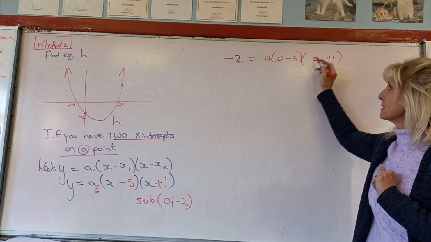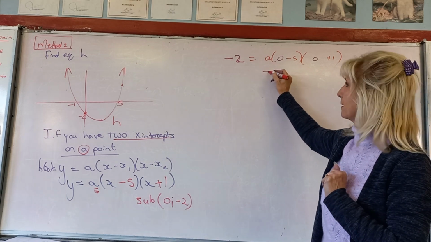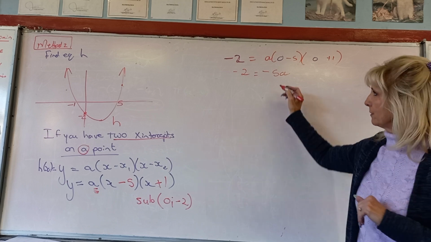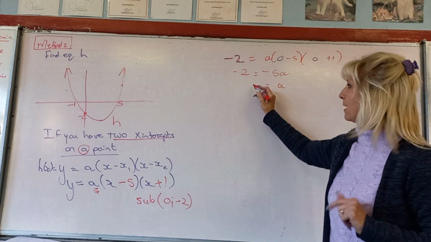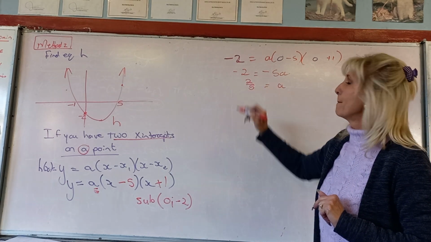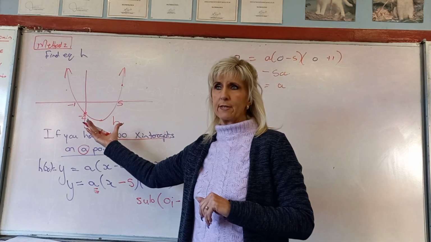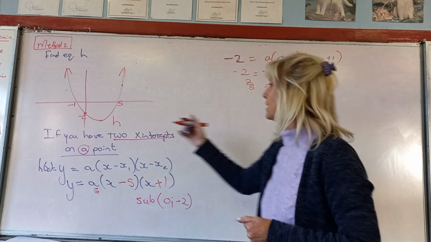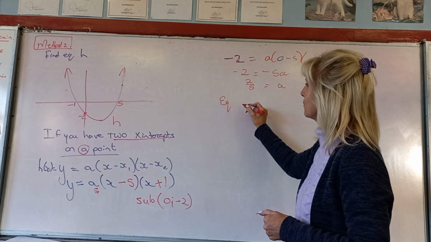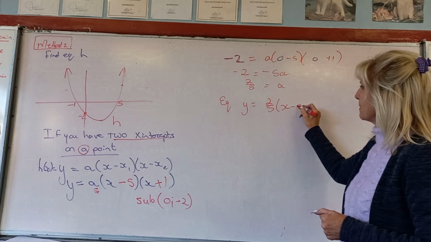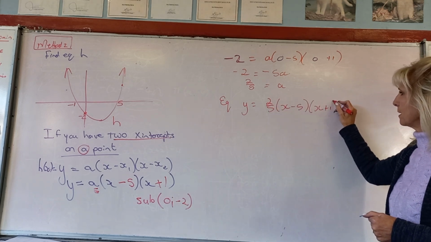Negative 5 times 1 is negative 5 times A. Excellent. And now to get A alone, you divide by negative 5, which will give me positive 2 over 5. Smiley face. Confirmation. So I need to go back and say, okay, the equation then is y = 2/5(x - 5)(x + 1).